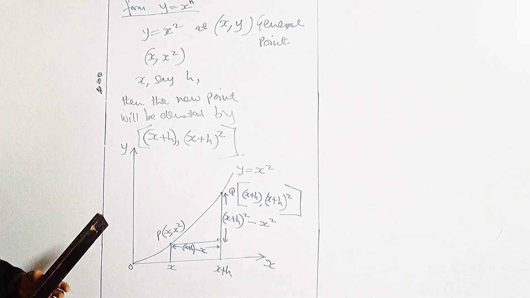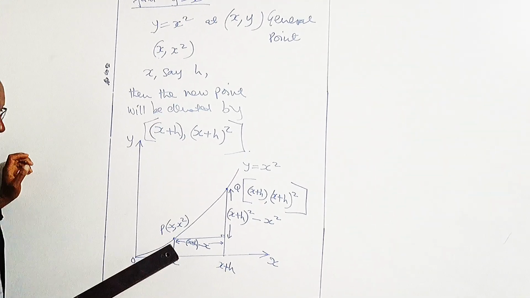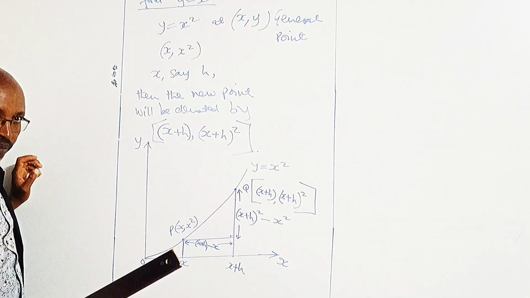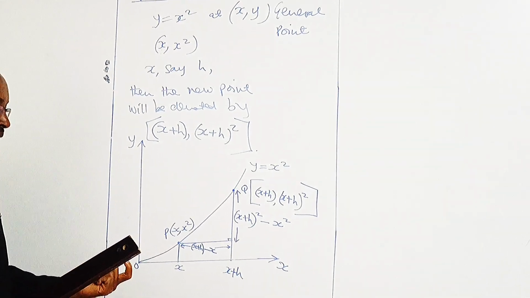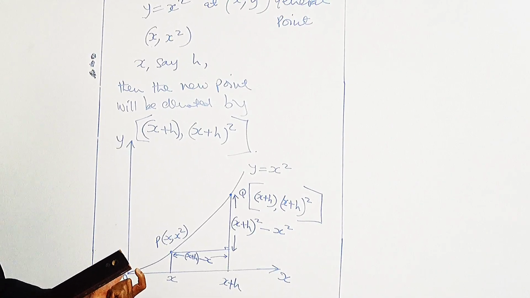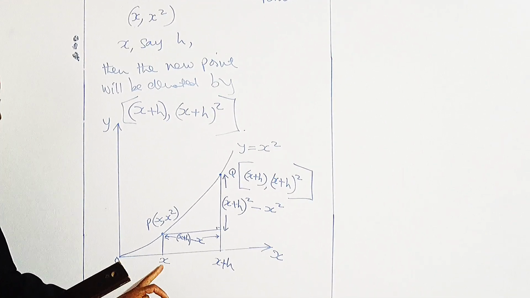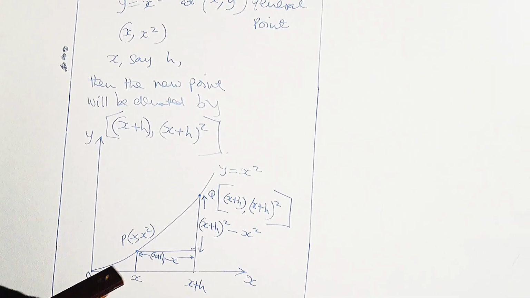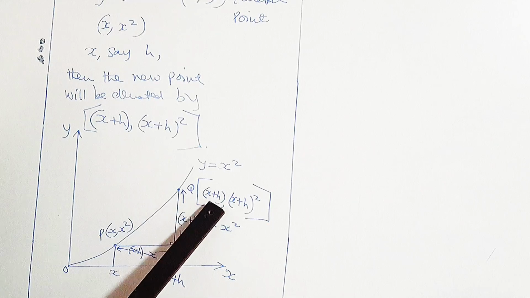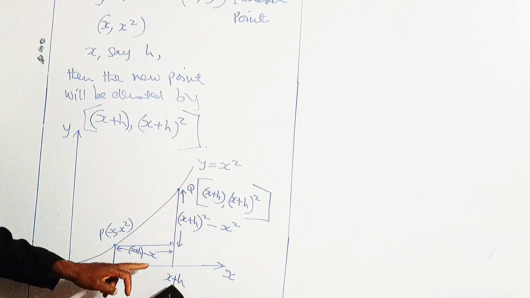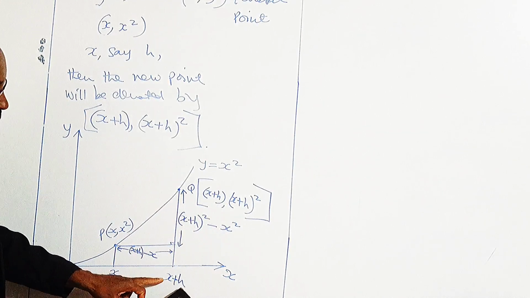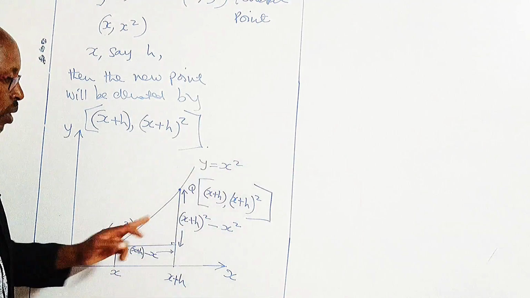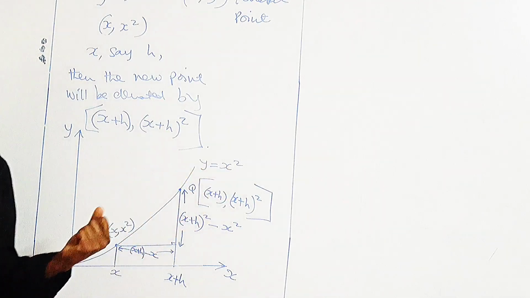From the diagram, we can see our initial point P, x, x squared. We have introduced a small change in x, which is h. Therefore, we have moved from x to x plus h. The coordinates of point Q will be x plus h for x, and (x plus h) squared for y, because y is equal to x squared.